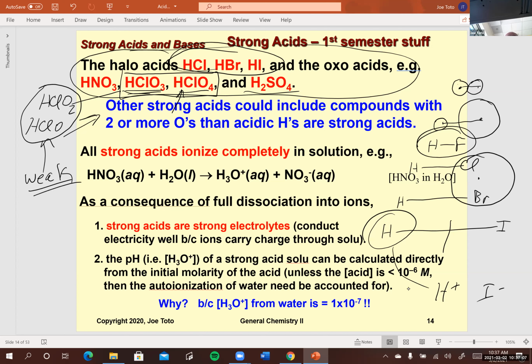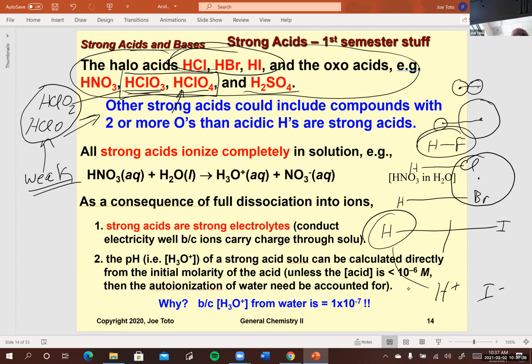So these are the 7 that you guys should memorize, or at least write down on a 3x5 card or something close so you can use as a reference. And so whenever you have a problem dealing with these, you know that the acids are strong and the deprotonation is complete, 100%.